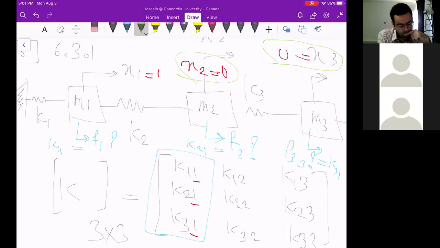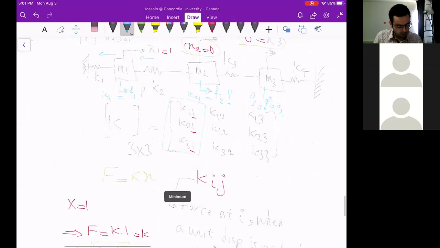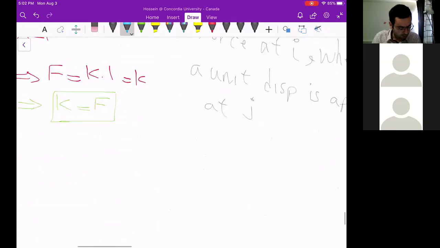So just simply, if I displace the first mass to the right, like 1, the two springs will oppose the motion, right? So you can simply say the first mass, if displaced to the right, the two springs will oppose the motion.